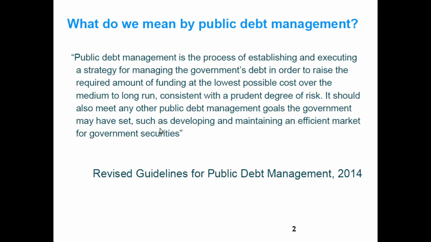First of all, it's a process, so that speaks to the governance and institutional arrangements required, really the theme of this particular session. The task itself can be really split into two elements. One is the establishment or the design of a strategy for managing public debt, and the objective of that strategy will involve some kind of trade-off between cost and risk.